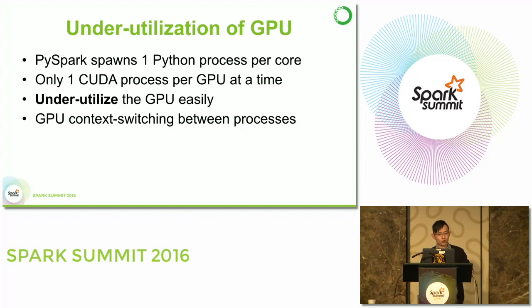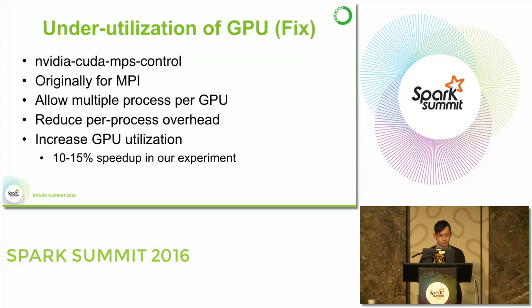Or even worse, you may be time sharing the GPU, so you'll be doing a lot of very expensive context switching on the GPU. One way to fix it is that CUDA already provides a tool called MPS. You just need to know about it and launch it. It's transparent to the application. Once you launch it at the system level, it will be beneficial to all your CUDA applications.